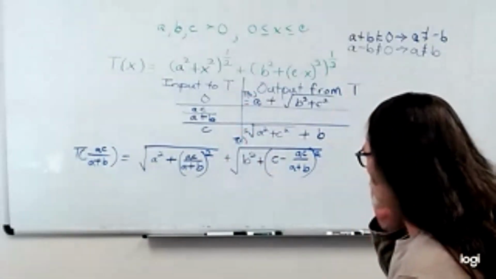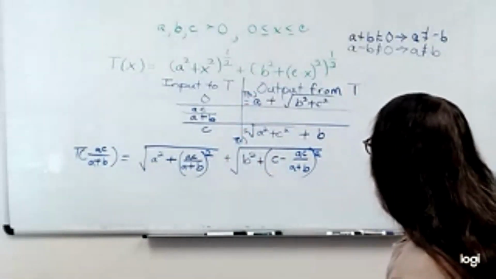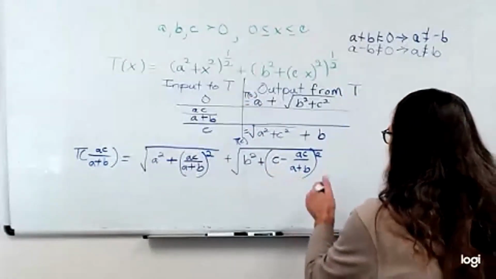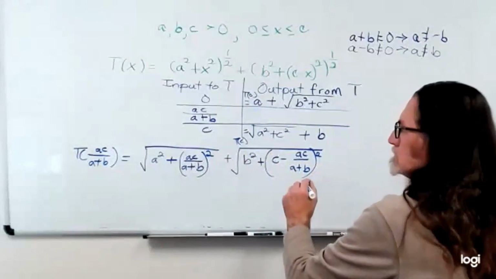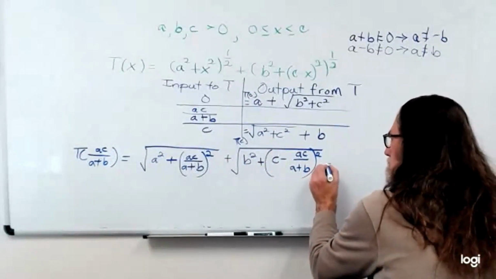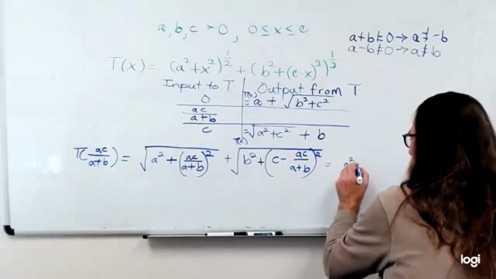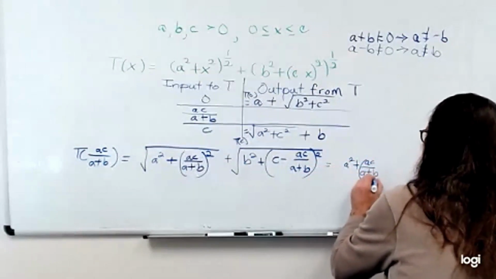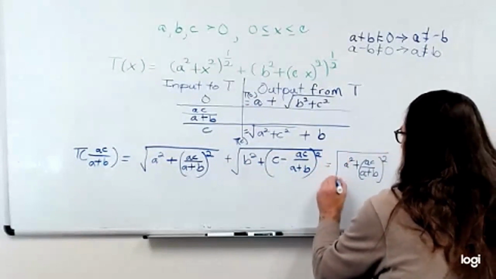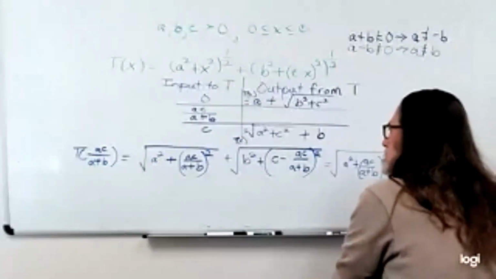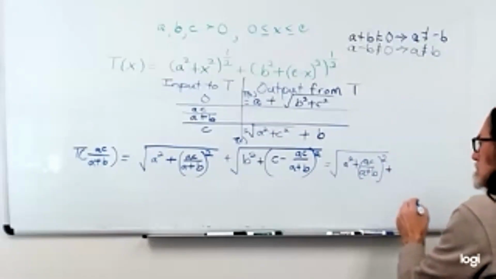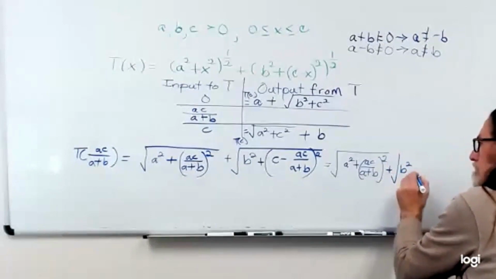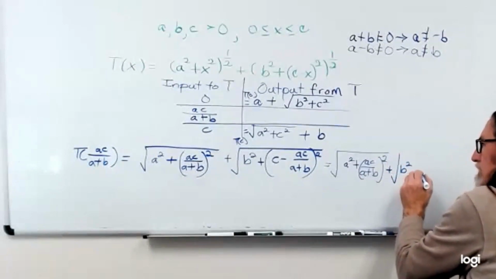All right. So first of all, I'm going to get a common denominator here. a plus b, multiplied to top and bottom.